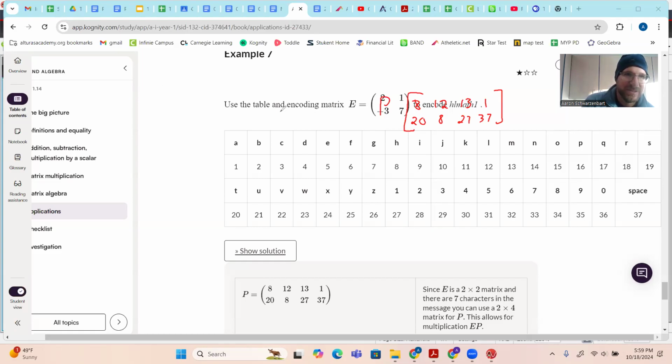So it simply wants me to do the encoding matrix. I'm going to write down my matrices and we're going to go to the calculator. 2, 1, -3, 7. It is E, and P is 8, 12, 13, 1, 20, 8, 27, 37.